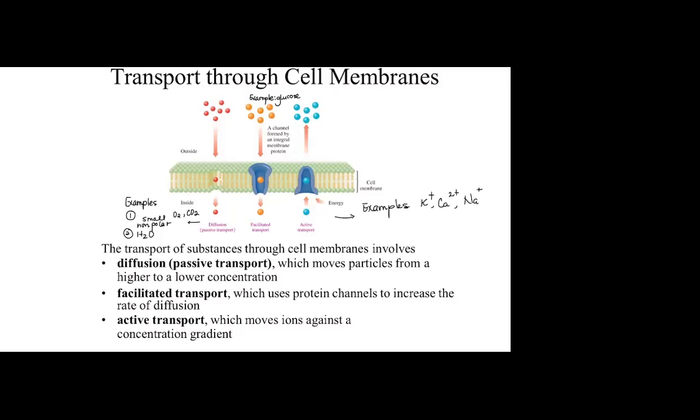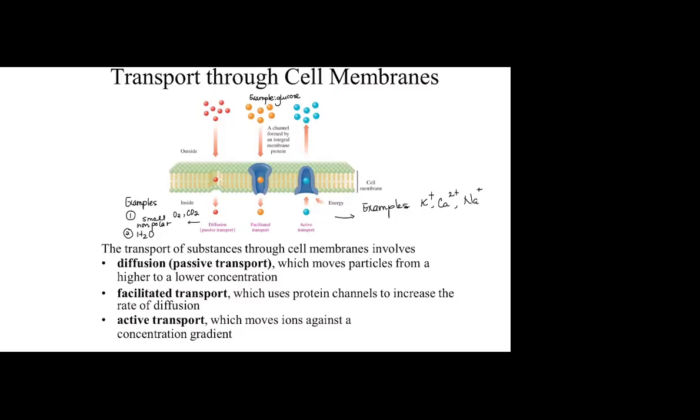Notice that whenever we have an active transport, we are also going to have a membrane protein that is going to create that tunnel for having these ions come in and out of the cell. Now, one of the important things to note is that out of these three types of transport, active transport is the only one that needs energy in order to transport these ions.